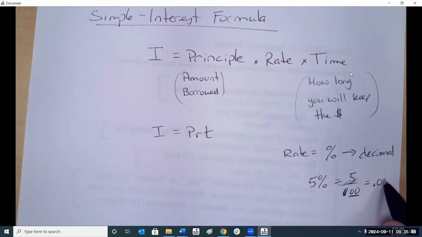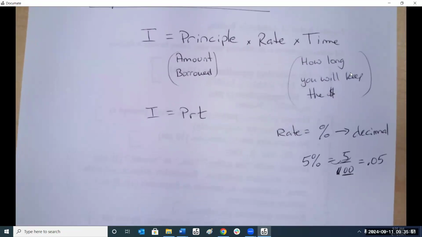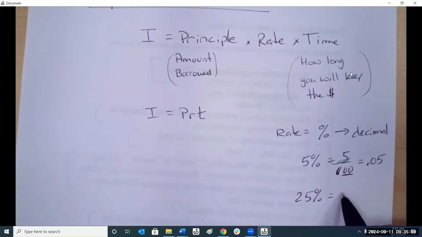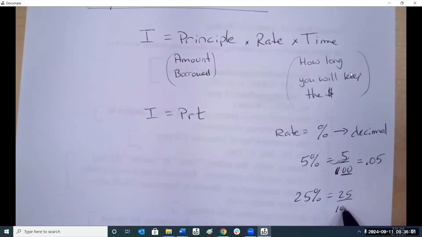So it's 0.05. And 25% is 25/100. It's just 0.25. So the decimal moves 2 to the left.